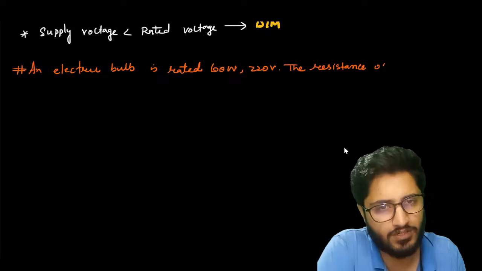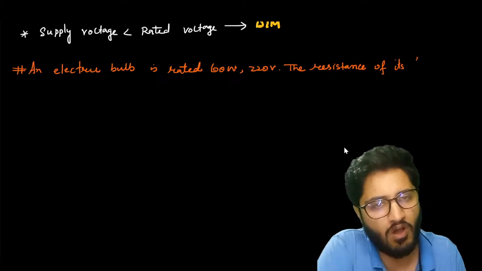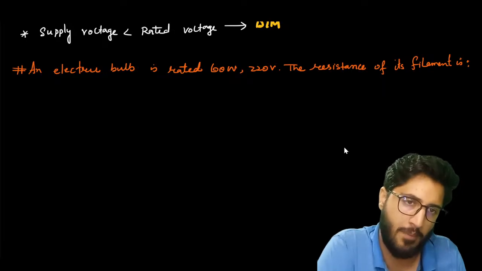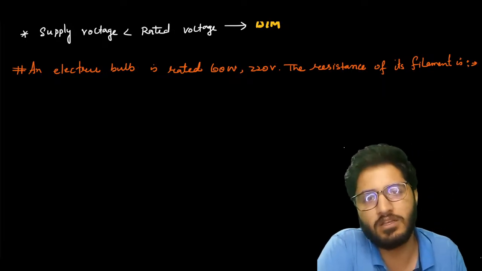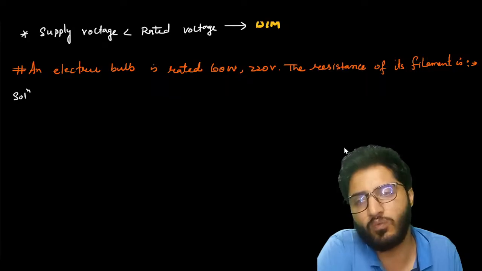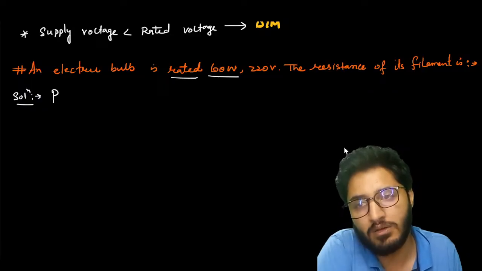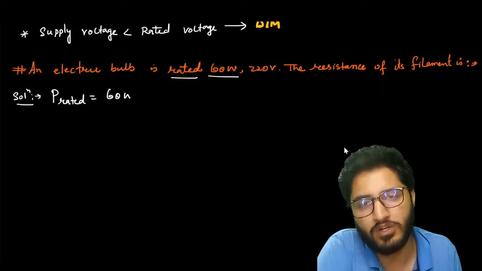The resistance of its filament is. Okay, so sir, first of all, what do we need to write now? Look, electric bulb rated 60, so you will write power rated is 60 watt. Then this is which one?